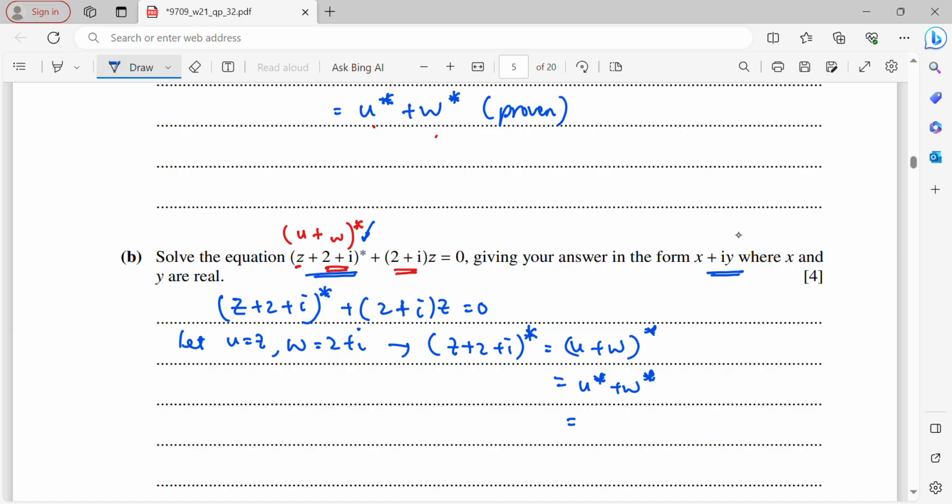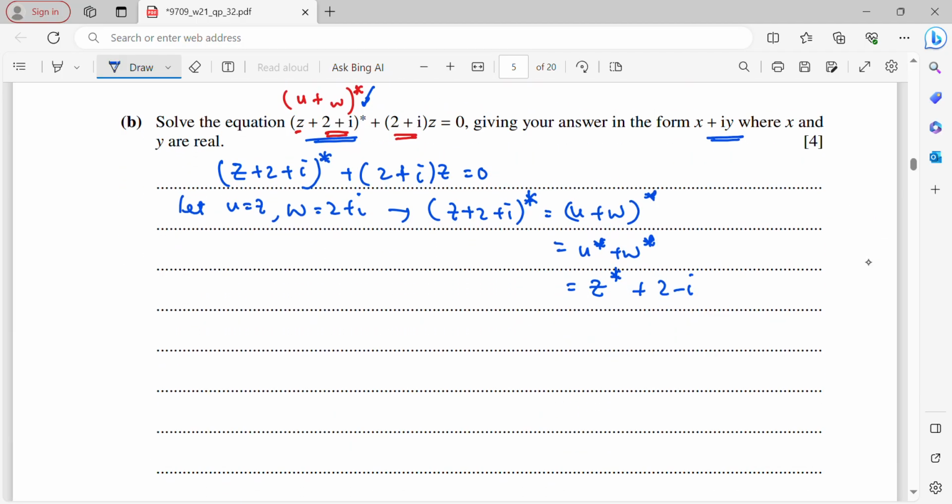That means this is going to be z conjugate plus 2 minus i. Okay, so I'm going to substitute this result into the equation. Let's say this is the first equation. So from the first, z conjugate plus 2 minus i, I get this from the first term. Then plus (2 plus i) z equals 0.